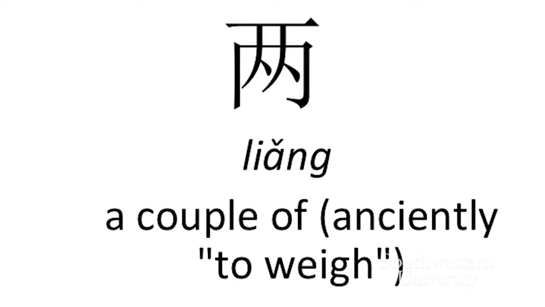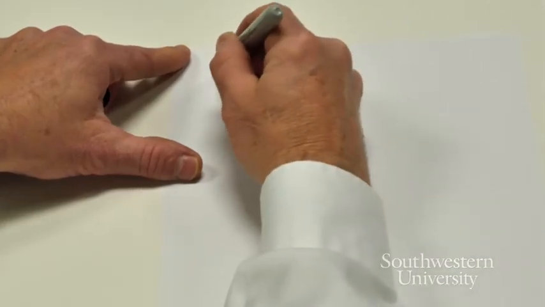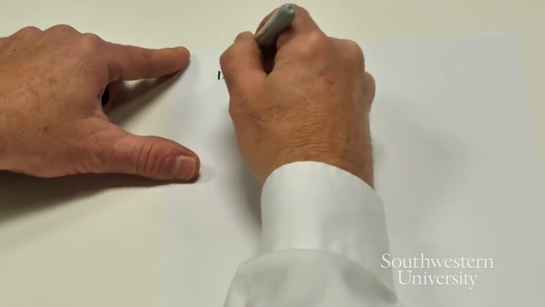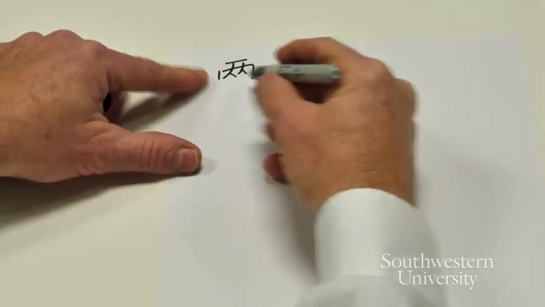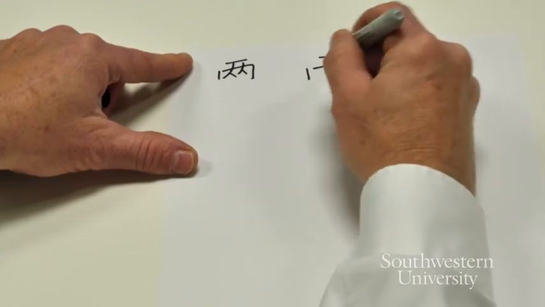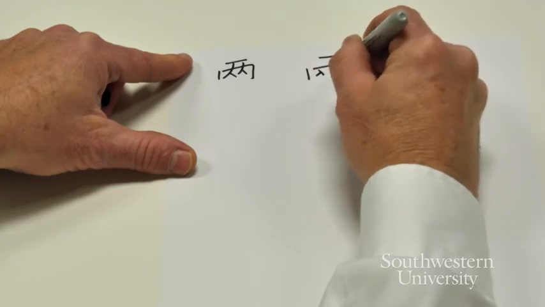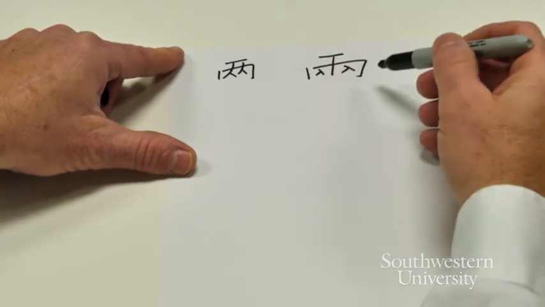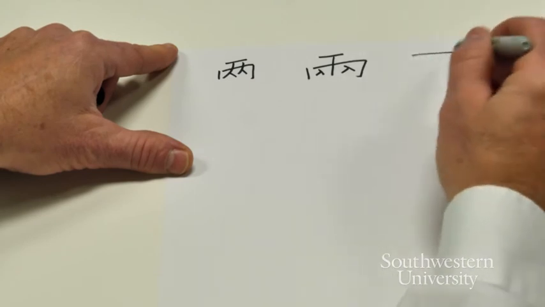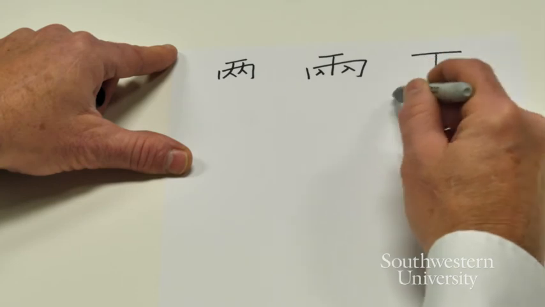The next character, Liang. When you're talking about amounts, you use Liang for two, because there are two things, like this. The traditional character looks like this, which gives you kind of an indication of the original meaning. It was a depiction of two things hanging from a beam and being weighed.